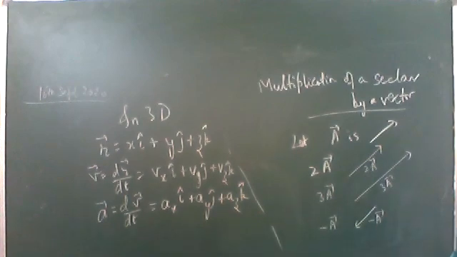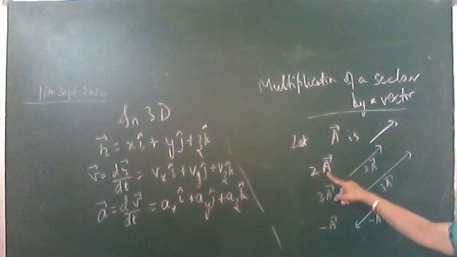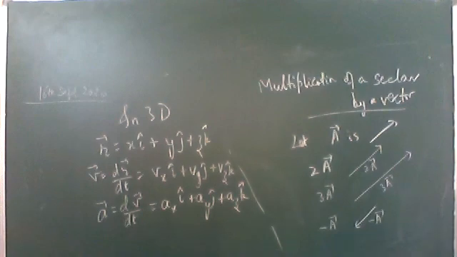So here what we see, when we multiply any scalar quantity with a vector quantity, the product is a vector quantity only. The product is a vector quantity which is either acting in the same direction or acting in the opposite direction. When it is multiplied by a negative number, then the direction will become opposite.